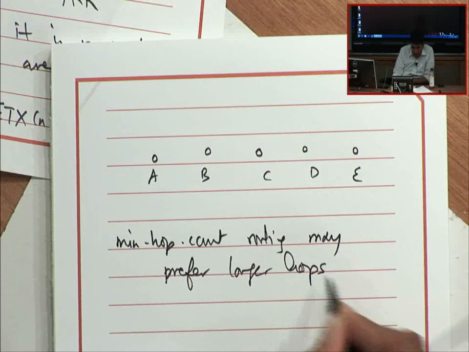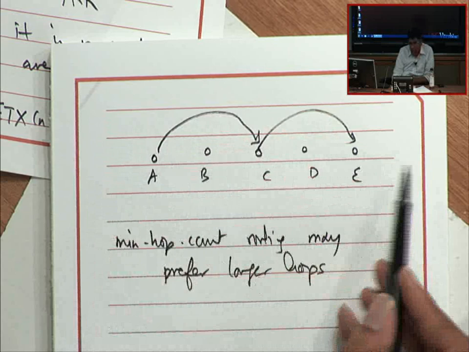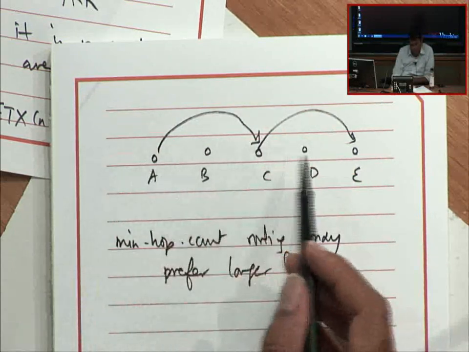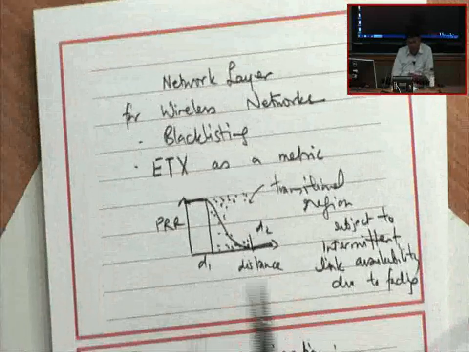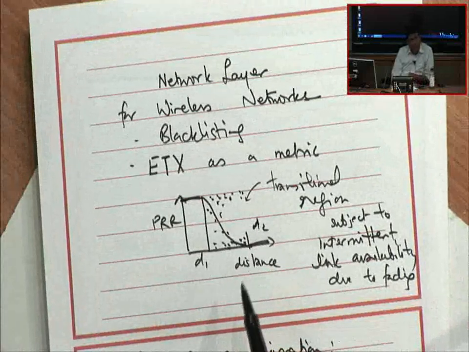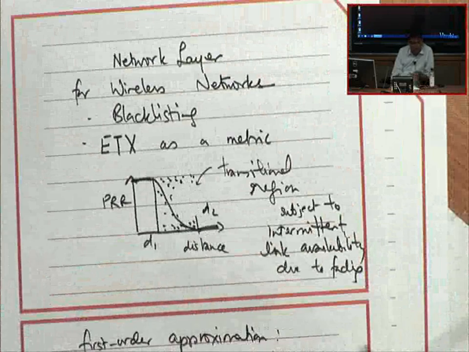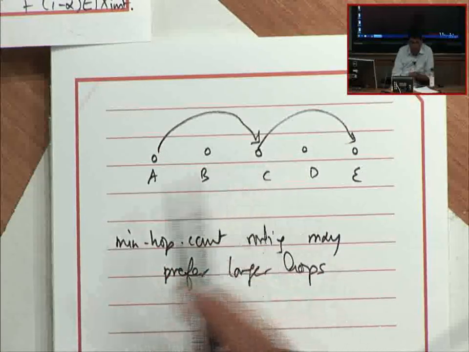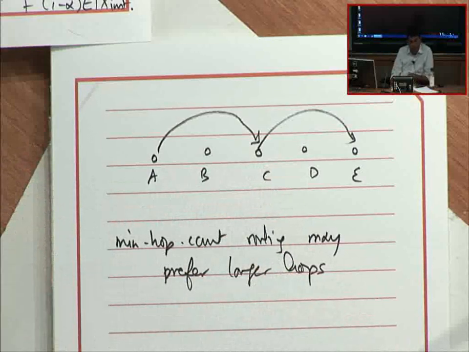So what I mean by that is it may prefer, because you're trying to minimize the total hop count, maybe you'll create a network where your data goes to node C, which forwards it to E. But the problem with these longer hop count nodes is that they're more likely to fall into this region. And so maybe when you first added them to your routing table, they look good, but maybe when you're actually sending the packet, they happen to have undergone a fading instance where the quality is really bad, so you send the packet and it actually doesn't receive, and you end up having to retransmit a lot.